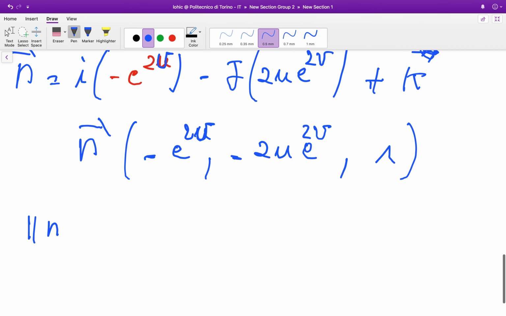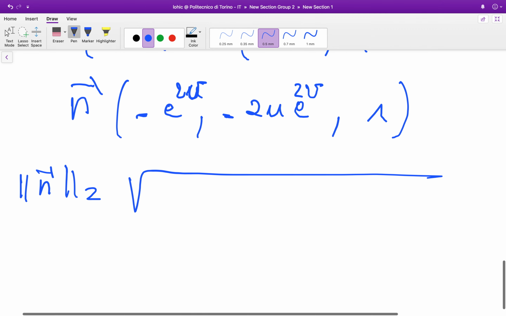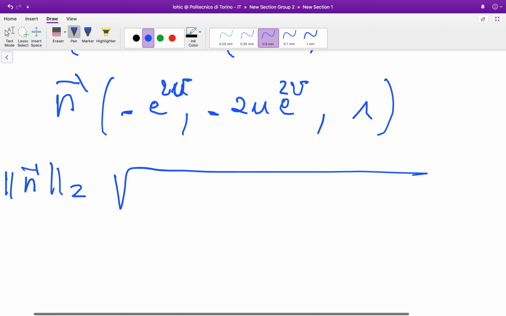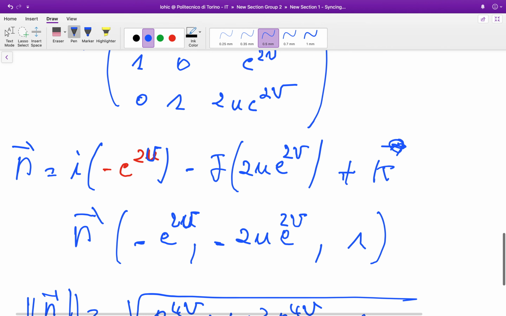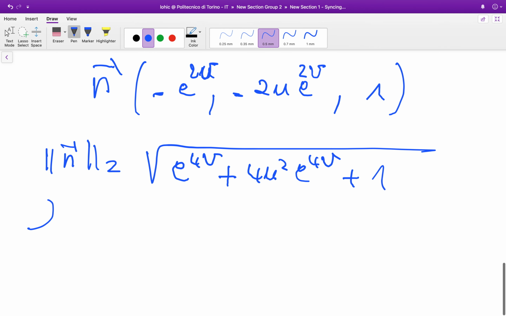So the modulus of n is going to be the square root of this square, that means exponential of 4v, plus this square, that will mean 4u square exponential of 4v, plus 1. Yes or not?